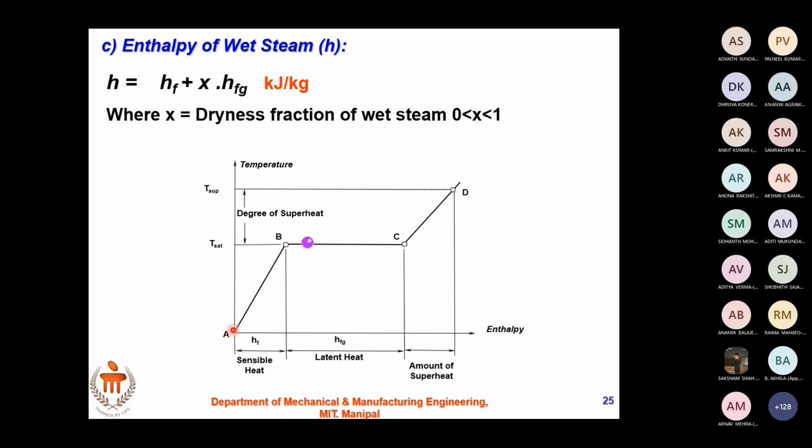Yes, it is unsaturated water at 0 degrees Celsius. So don't say it's saturated water, okay? So it is the amount of heat that is required to convert 1 kg of water at 0 degrees Celsius into wet steam of a given quality at the constant pressure. Okay.